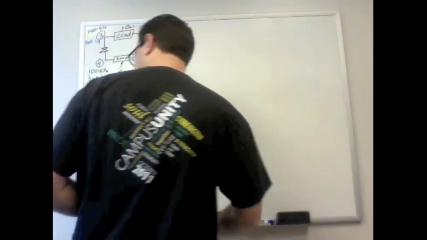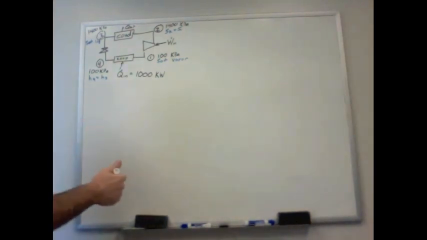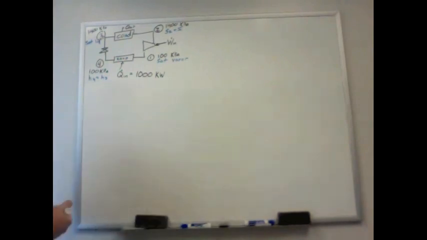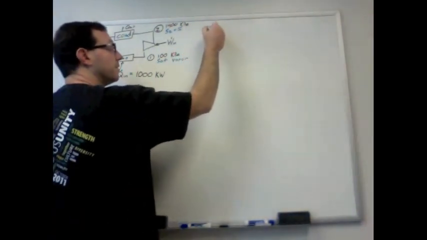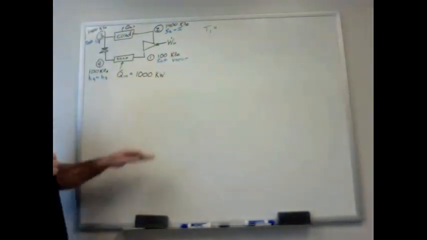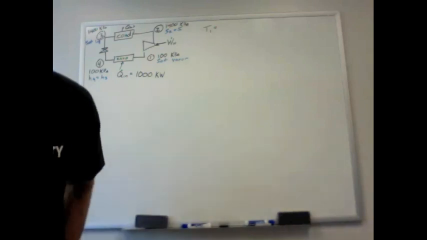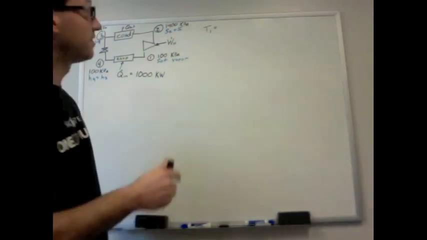So we can write an energy balance, but actually we can look up the properties first. Let's do that. At state 1, saturated vapor, temperature 1 is just the saturation temperature of R134A at 100 kilopascals, which is negative 26.37.